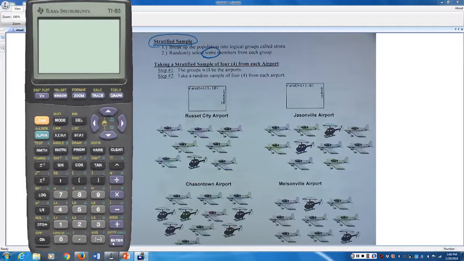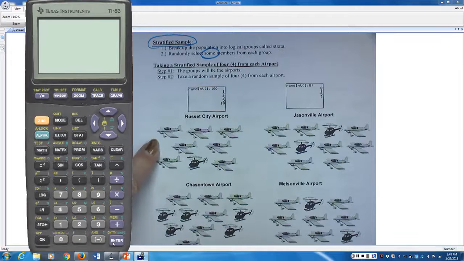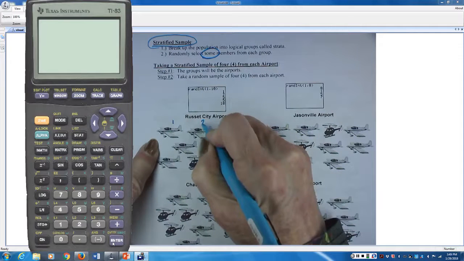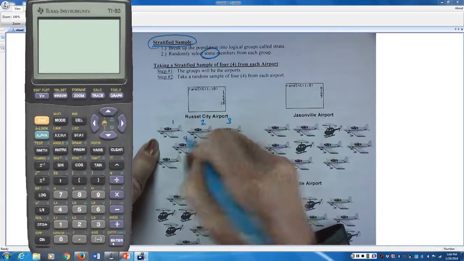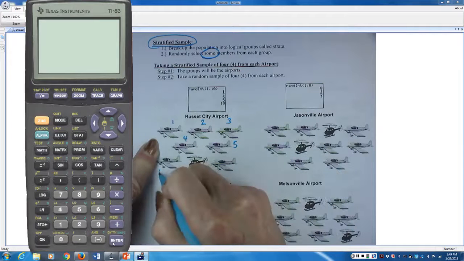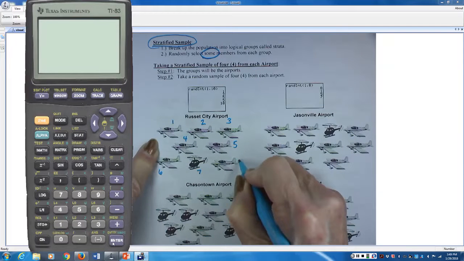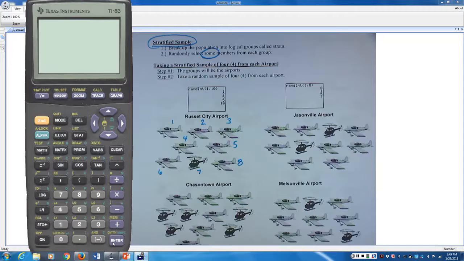In order to randomly choose those members, I need to number the different groups. So Russet City is going to be a group by itself. There's only 8 of them.